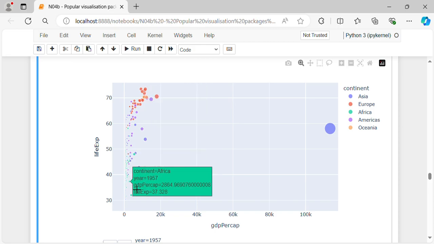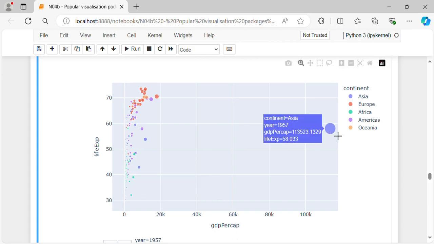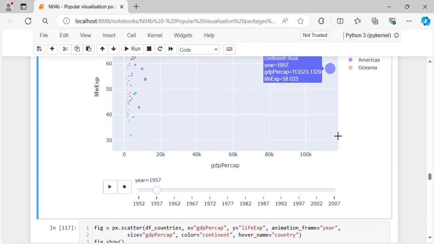And for Africa, the life expectancy is still low. But one of the countries in continent Asia is showing very high GDP with the life expectancy of around 58. And that is in year 1957.